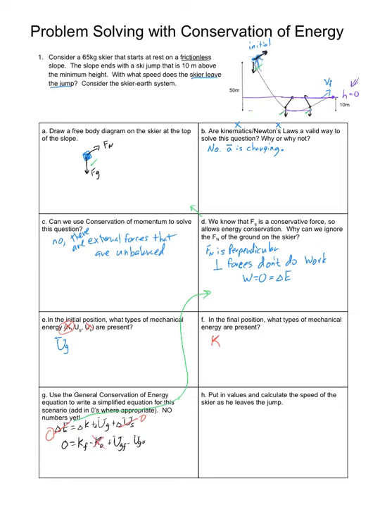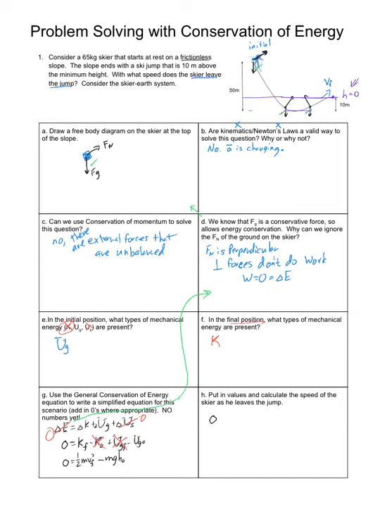And we know finally there's no gravitational potential, so we'll take out that. And so we're left with 1/2 mv squared final minus mgh initial. And at this point, we're ready to move on to letter H, where it says put in values and calculate the speed of the skier.